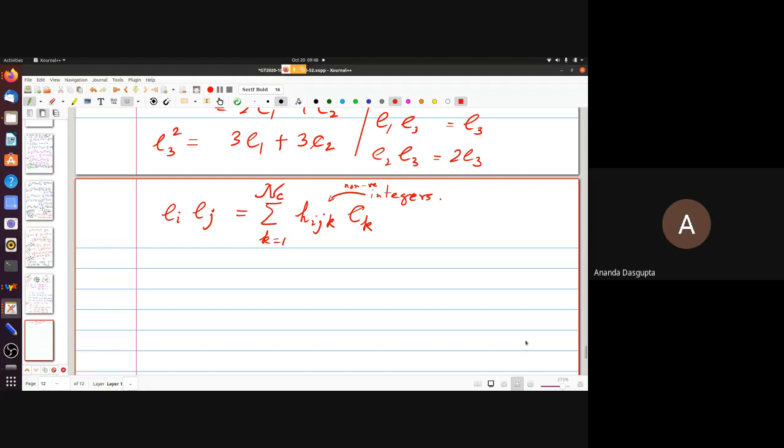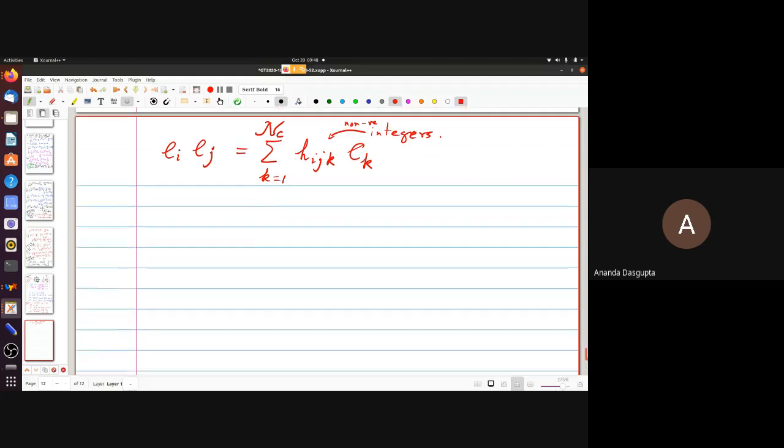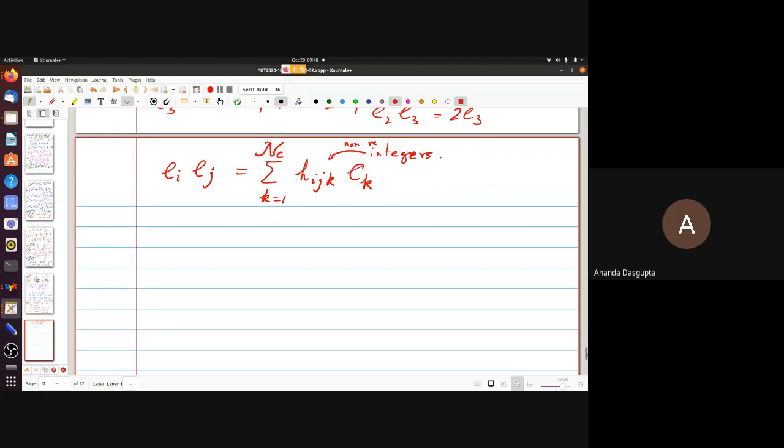Okay, now here comes this. We also managed to define something called Hi, the ith class coefficient matrix, whose jkth element is simply this hijk.